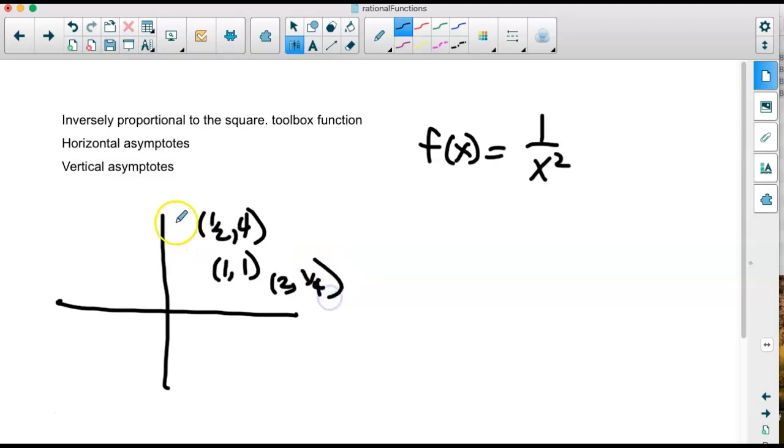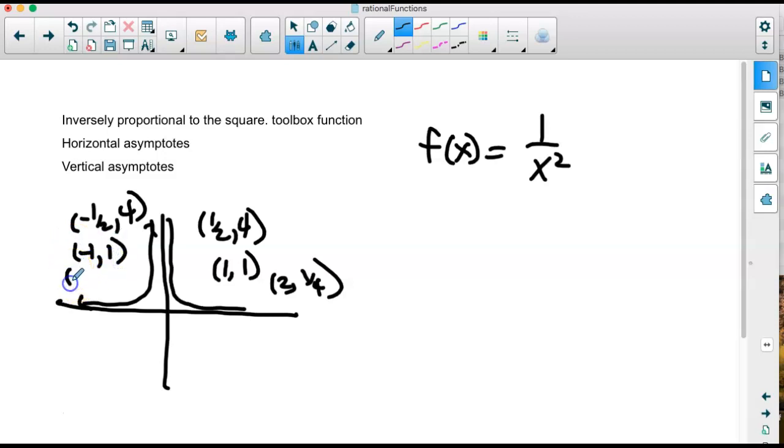So it's squished a little bit closer to the axis than the other one. And it does the same thing but mirrors over the y-axis on this side. So it's going to be (-1/2, 4). The y values stay the same. (-1, 1), and (-2, 1/4). So those are the values that are on the graph.